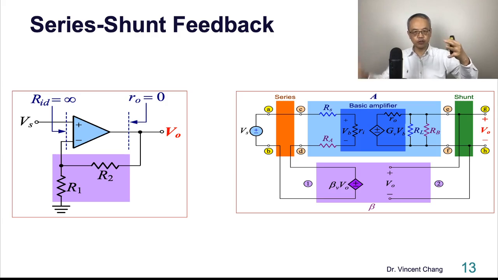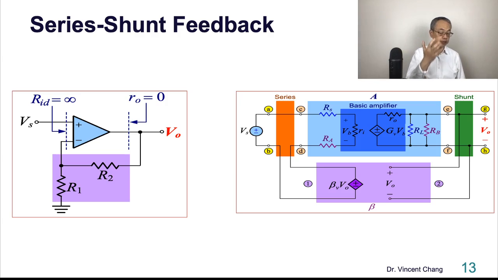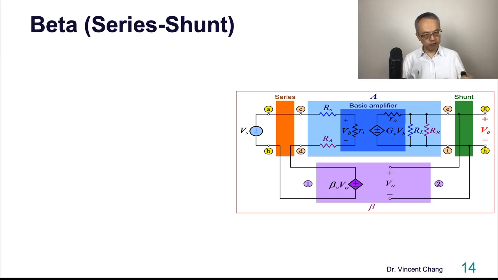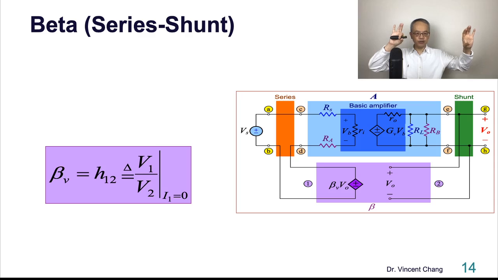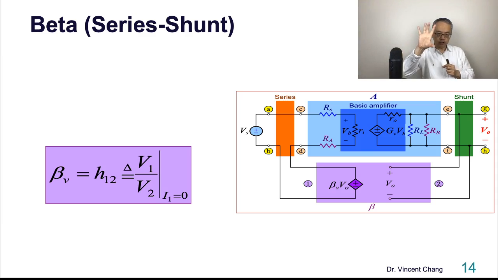Let's pull out a series-shunt feedback structure on the right-hand side. How to determine the beta of a series-shunt feedback? The beta is defined by a parameter called H12, which is defined as V1 on the left-hand side over V2 on the right-hand side. So it's the reverse transmission, the left-hand side voltage divided by the right-hand side voltage under the condition I1 equals 0.